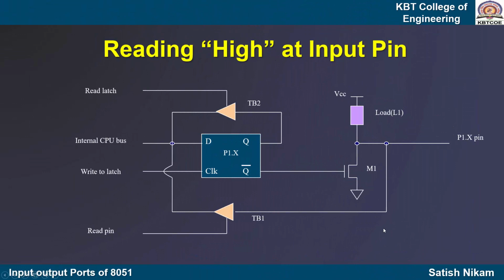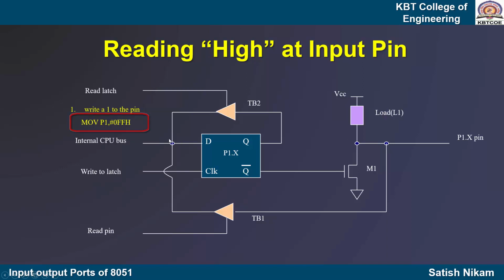Now we are going to discuss how the microcontroller reads the data from the pin. When we have to use the pin as an input pin, first write 1 to the pin through the D flip-flop and the transistor. This is possible by using a simple instruction MOV P1, #0FFH.